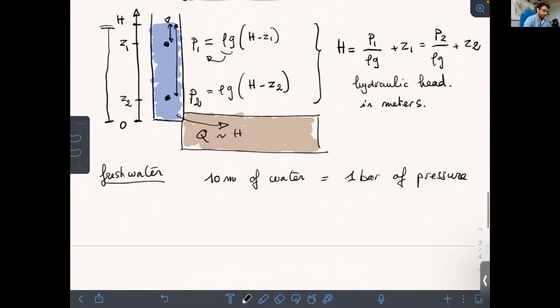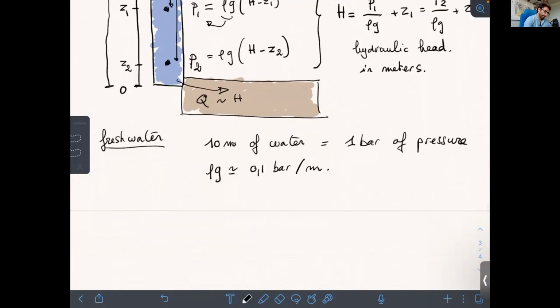Okay, and this is because, as we see from the definition of hydraulic head, rho G is about 0.1 bar per meter.